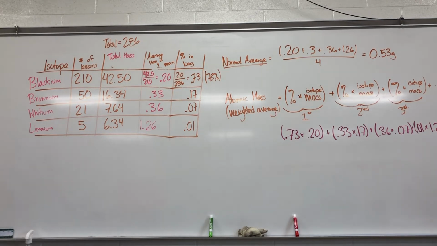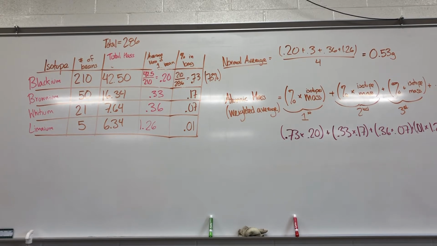It stands for atomic mass unit. But for our beans, we measure them in grams, so that's why it's in grams. Questions on that equation, everybody?